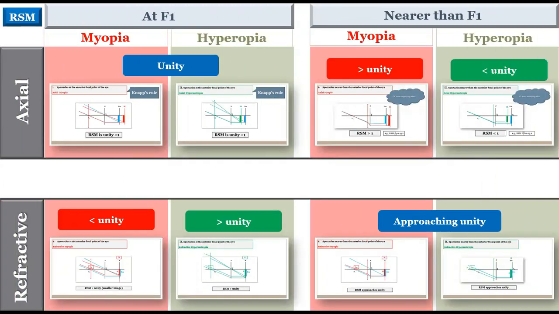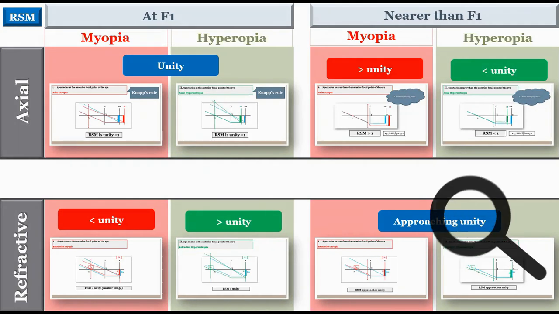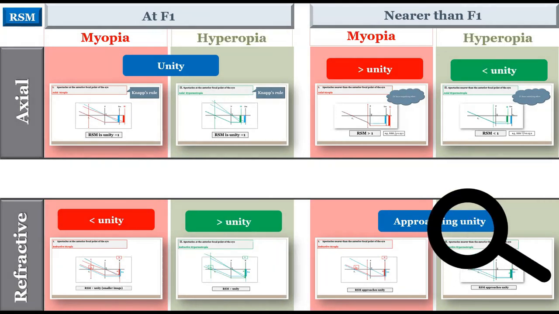So let's do a quick recap here. This slide summarizes the previous slides, where we have a unity RSM in axial ametropia, when the spectacle lens is located at the anterior focal point, or the first focal point. And also we have RSM approaching unity in refractive ametropia when the correcting lens is located nearer than the first focal point.